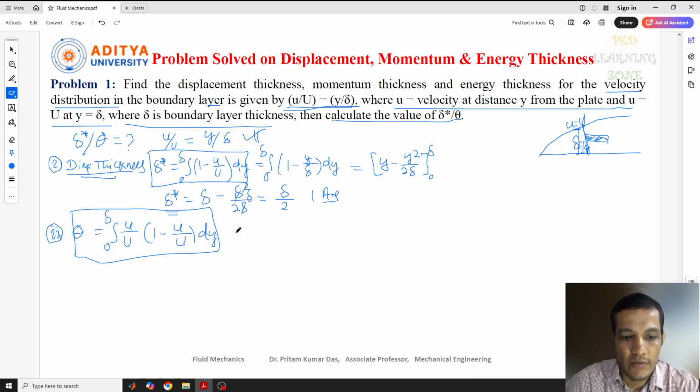Now we substitute the value of u by capital U equal to y by delta.